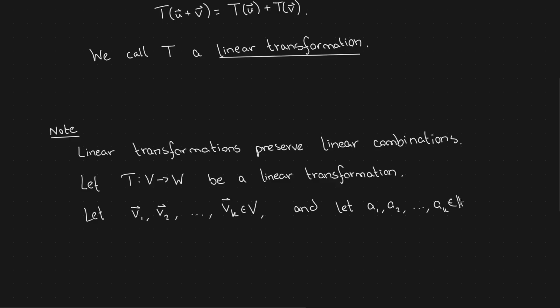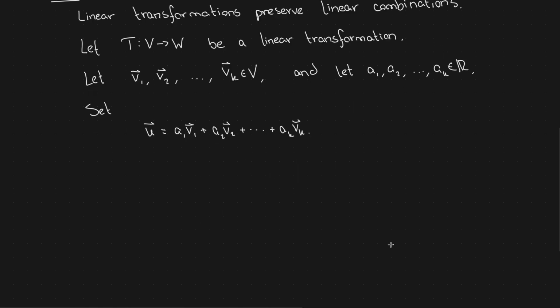Doesn't matter which scalars. Let's set vector u to equal the linear combination of vectors v with coefficients a1, a2, and so on. Okay, so we just have a linear combination here. Then if we take the transformation of u, that means we're taking the transformation of the linear combination.